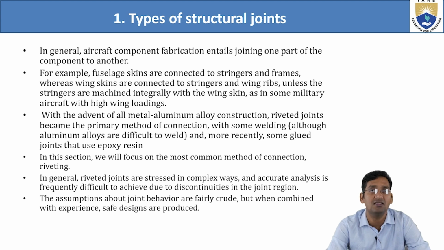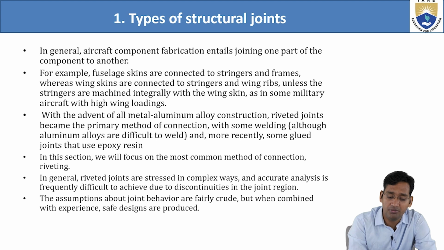For example, fuselage skins are connected to stringers and frames, whereas wing skins are connected to the stringers and wing ribs, unless the stringers are machined integrally with the wing skin, as in some military aircraft with high wing loading. Wherever high wing loading is there, we can put missiles in the wing itself, or we can put more payload in the wings.